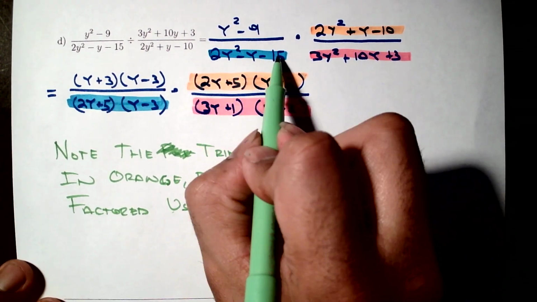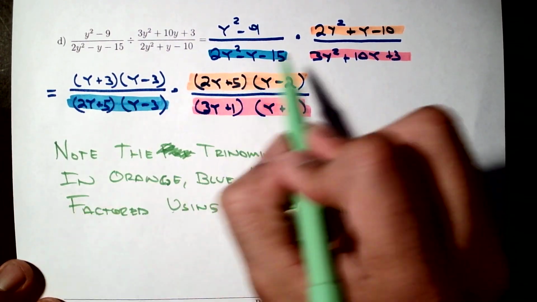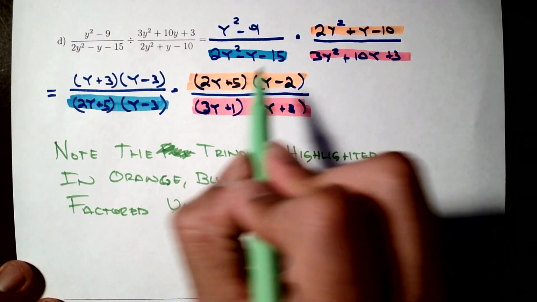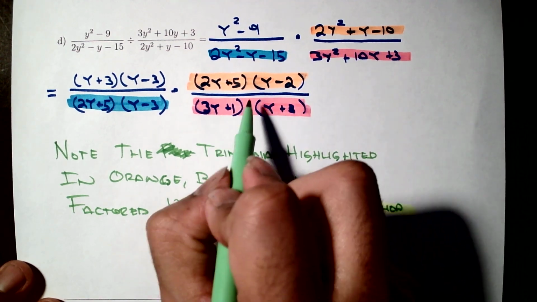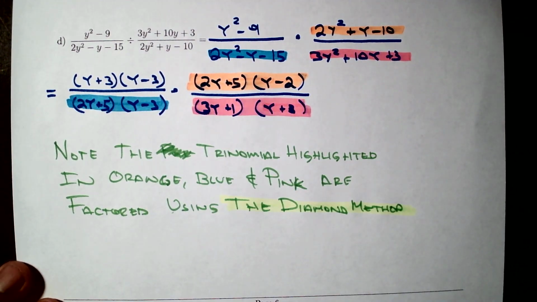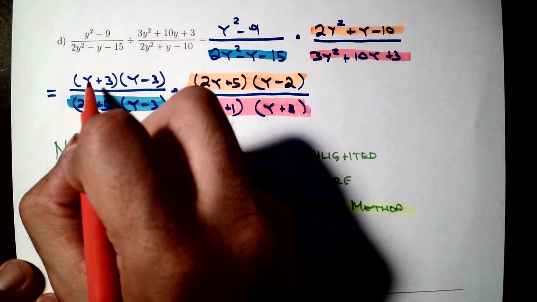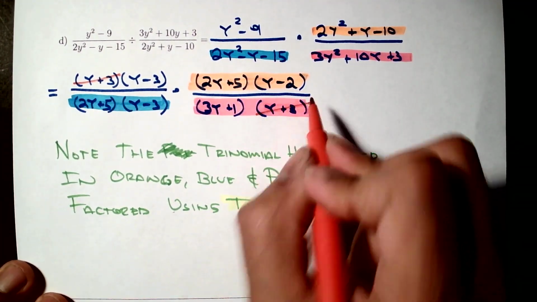Of course, do the diamond method on the blue one to get this. Do the diamond method on the orange one to get that. Do the diamond method on the pink one to get that. And then we are just going to divide out all the common factors. We have a y plus 3 times y plus 3.